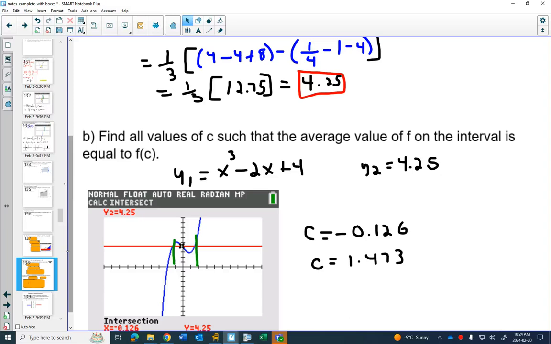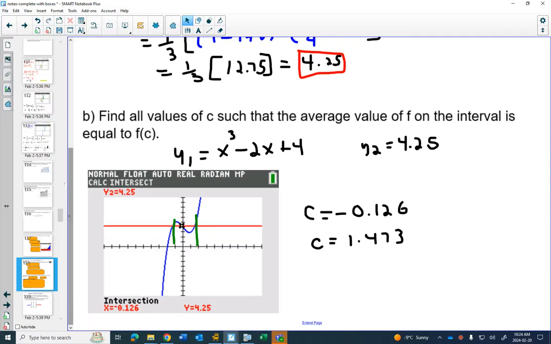One is at negative 0.126, and the other one is at 1.473. And the idea being at those places, the area under the rectangle would be exactly equal to the area under the curve.